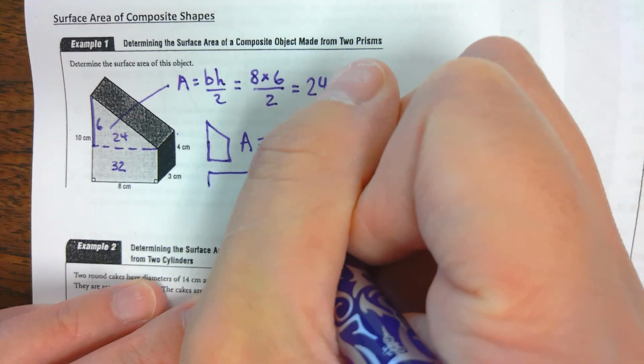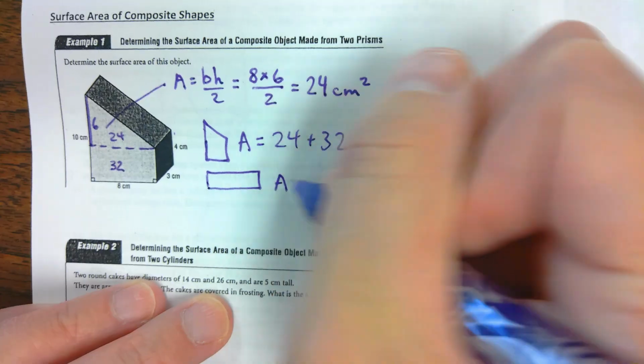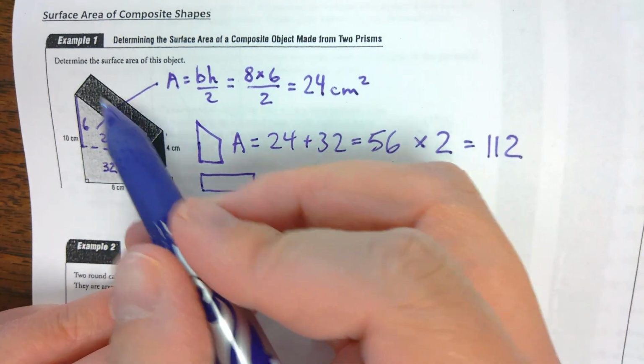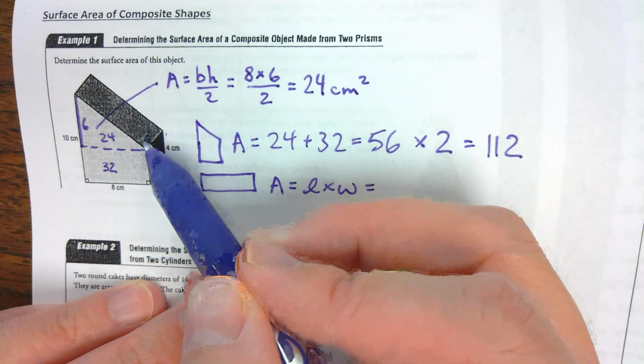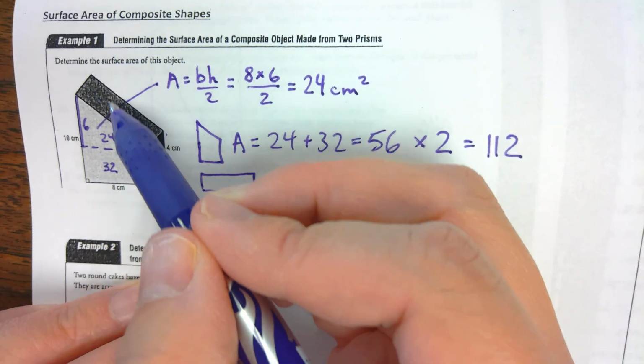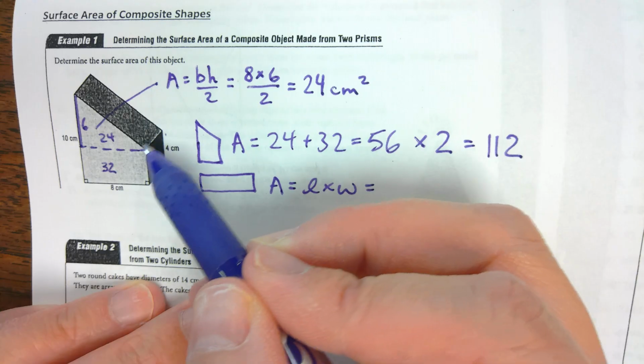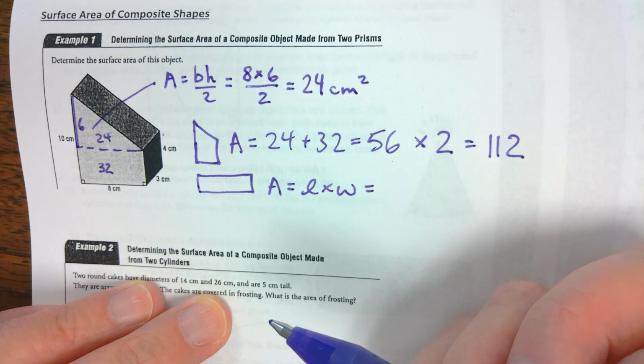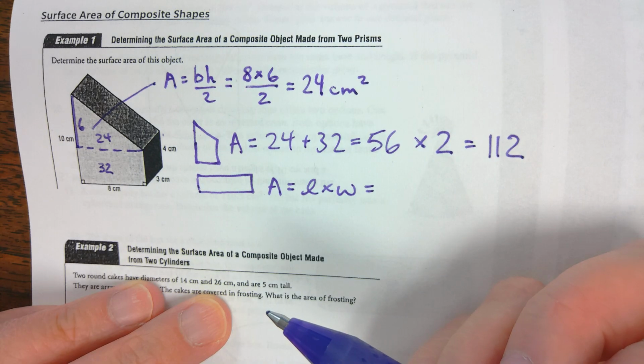So the big rectangle on the top, length times width, since it's just a rectangle. What's the dimension of this top rectangle? Right here, this one. What are the dimensions of this one? Oh, not as easy. Okay, Melody.